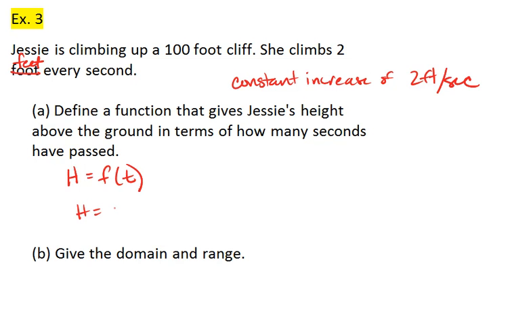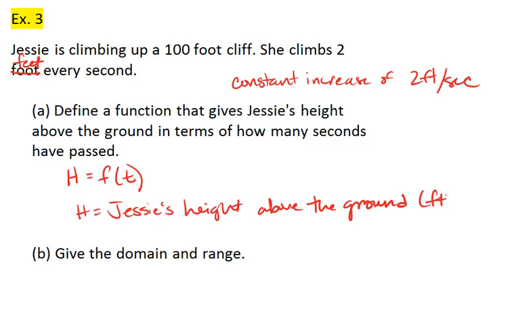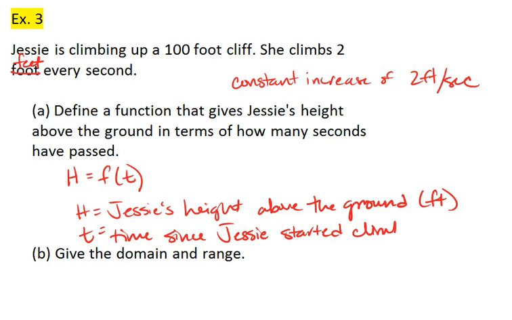So h represents Jessie's height above the ground in feet, and t is time since Jessie started climbing in seconds.